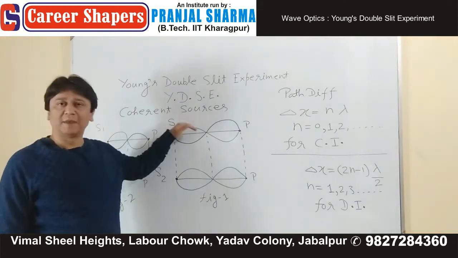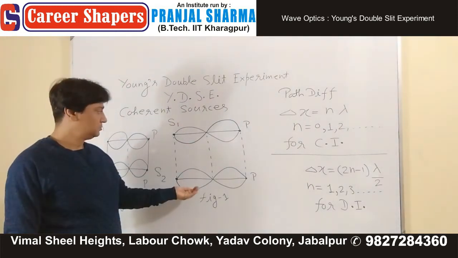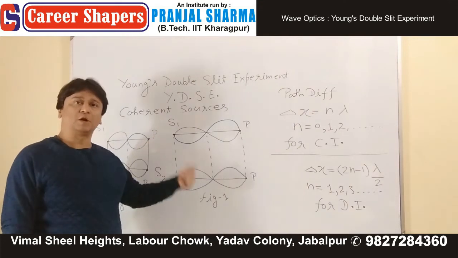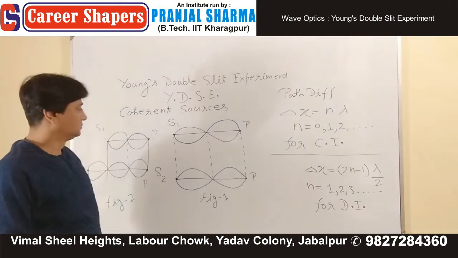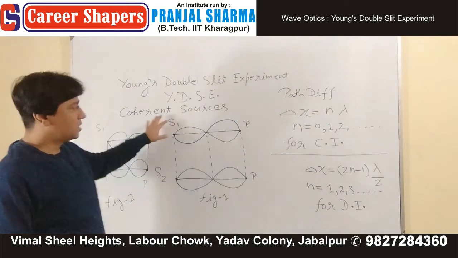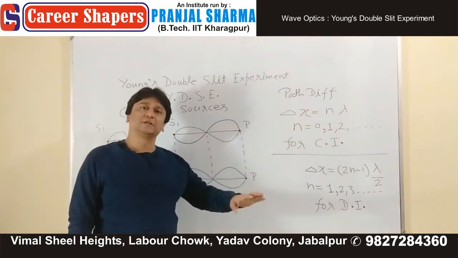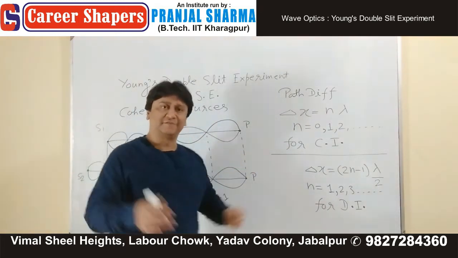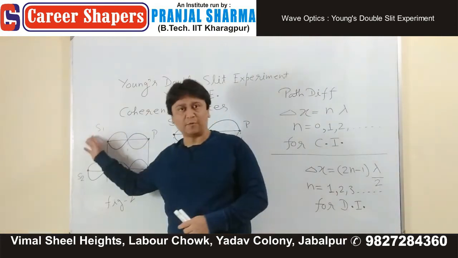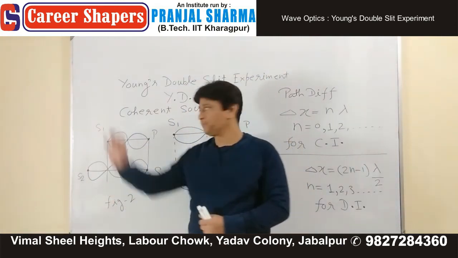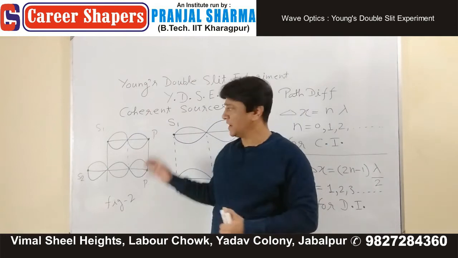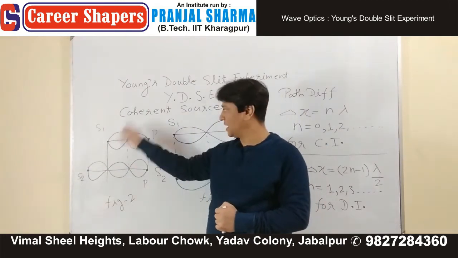So if they are sending black and black, blue and blue, S1 and S2, they become what? Coherent sources. What are coherent sources? They always maintain a given phase difference. Let's understand this with the help of S1 and S2 in figure 2 also. And there is no need to write again and again same type of thing. Just pay attention.